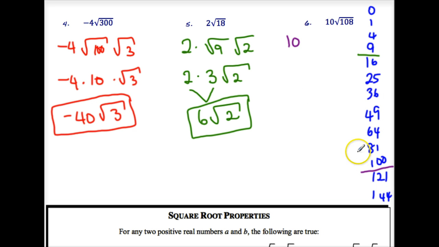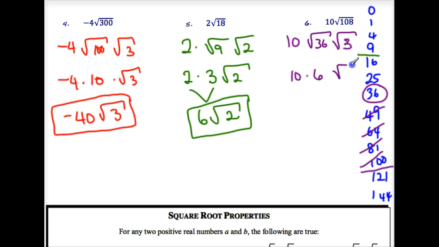So I know this is gone, that's gone, that's gone. I'm at 36. So I get the square root of 36. 36 times what will give me 108? 36 times 3. Excellent. The 10 comes down, times the square root of 36, which is 6.